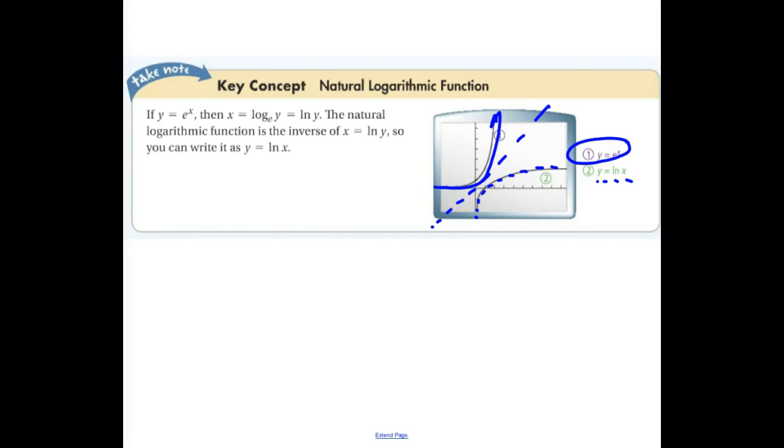Let me rephrase that. If I had said graph log base 3 of x and compare it to the natural log of x, your graphs are going to be almost the same, because in the second one, your base is 2.718, and here our base is 3. So very, very similar graphs.